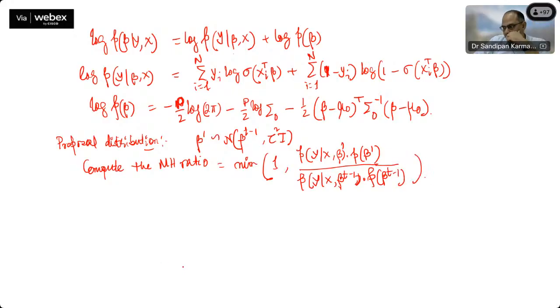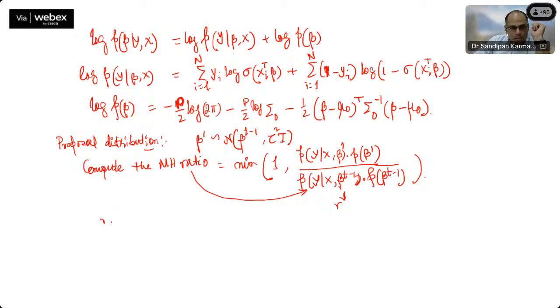This is the MH ratio, right? And this is basically the acceptance factor, minimum of 1 comma this one. Now I am taking this as R.